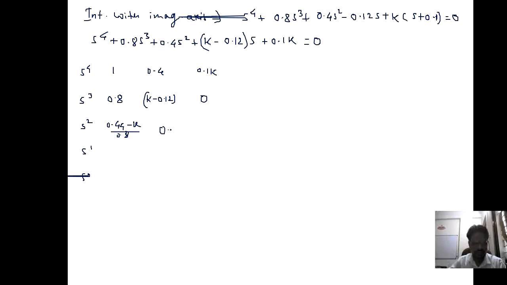So here we will get 0.1k. Likewise again, 0.44 minus k divided by 0.8 into this bracket, minus 0.8 into 0.1k divided by again the same term.